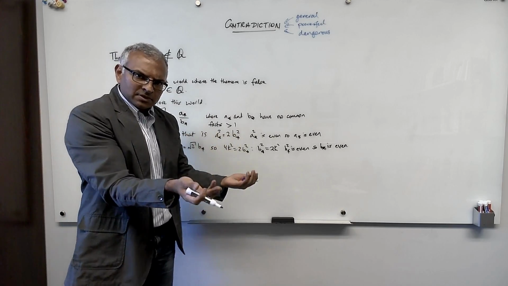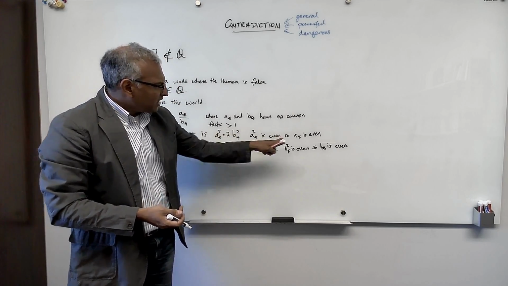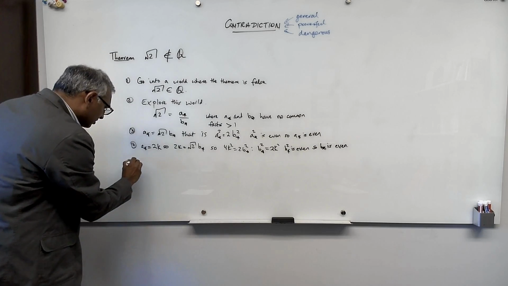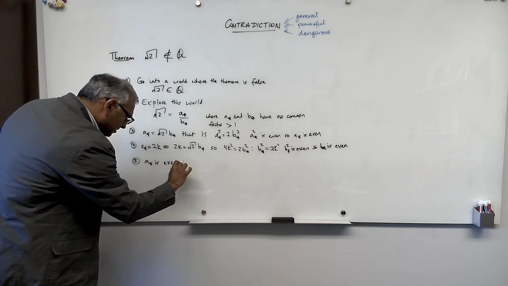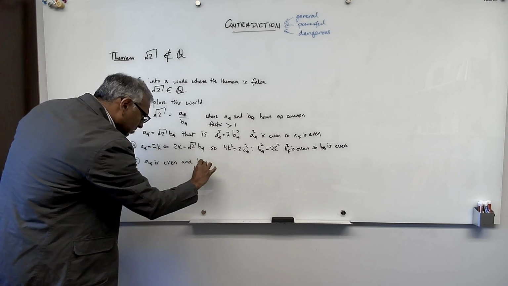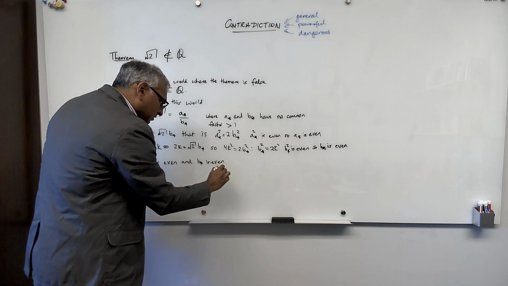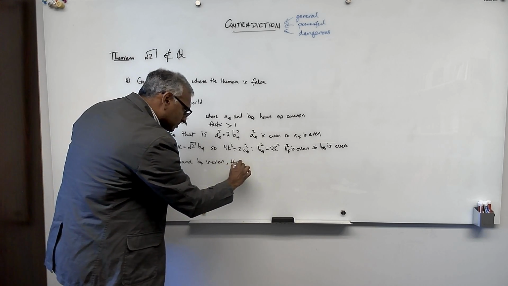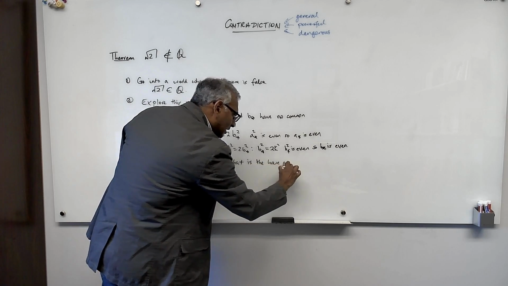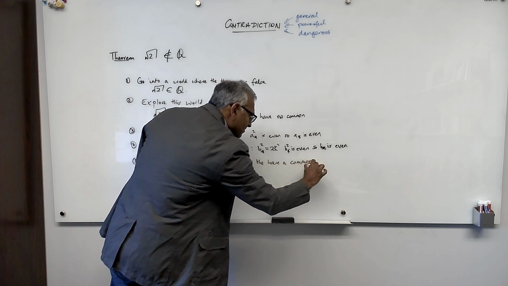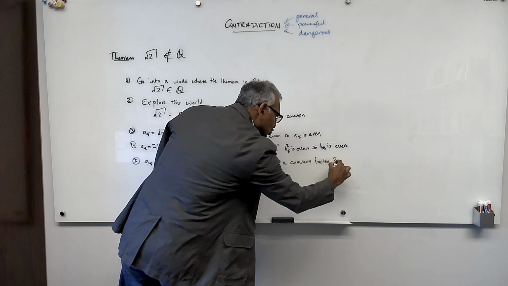Okay, so now we've explored and done such and such. We've come up to a point where we've observed that A star is even and B star is even. So A star is even and B star is even, that is, they have a common factor 2.